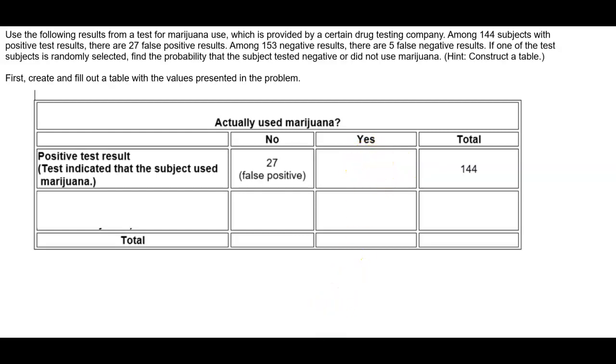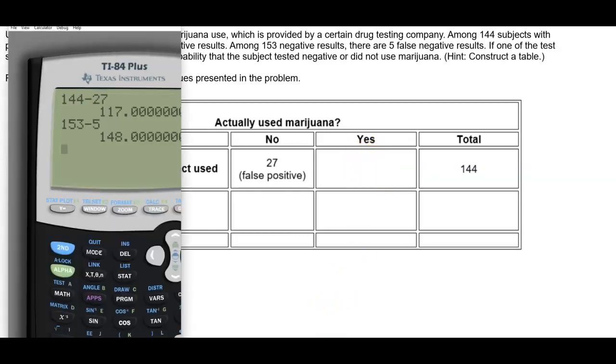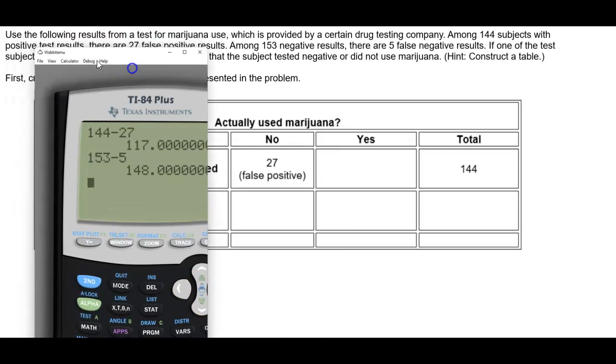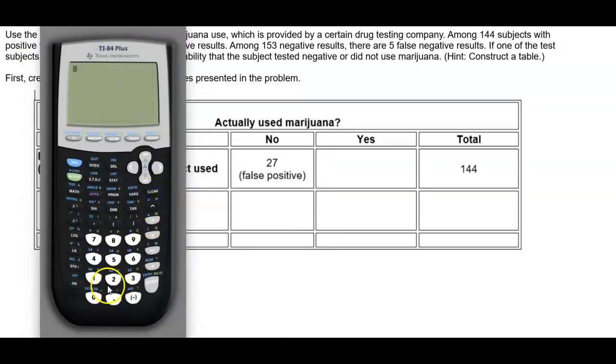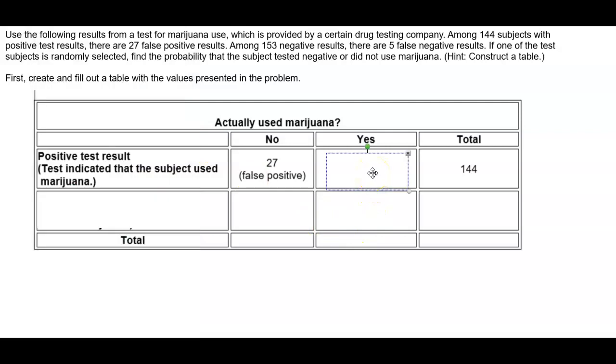To get this number, we take 144 and subtract the 27, and that's going to give us 117. So over here, this is having a positive test result, and the test indicated that the subject used marijuana. Therefore, this is a true positive, and we have 117.